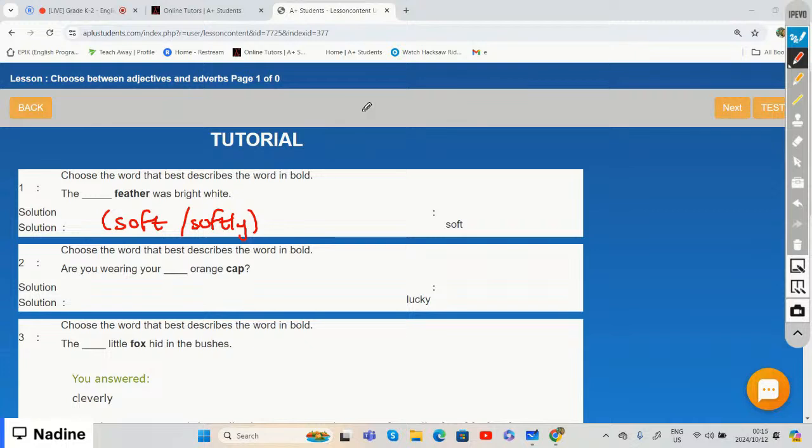Do we say the soft feather was bright white or the soft leaf feather was bright white? Feather. Is feather a noun or is feather a verb?